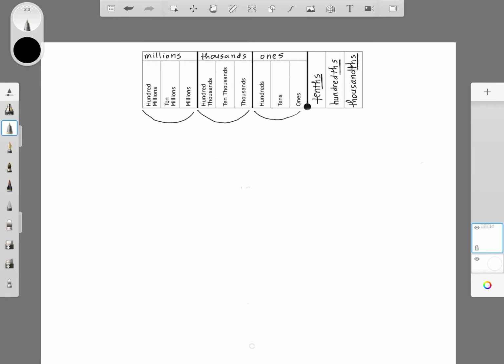Okay, so we're going to do place versus value again, very similar to what we did last week. So let's say we have the number 54 hundredths. The 5 is in the tenths place. It is the position of a number on the place value chart. This is the place.